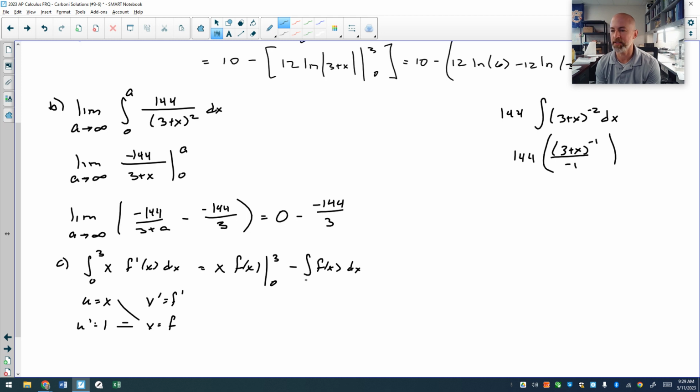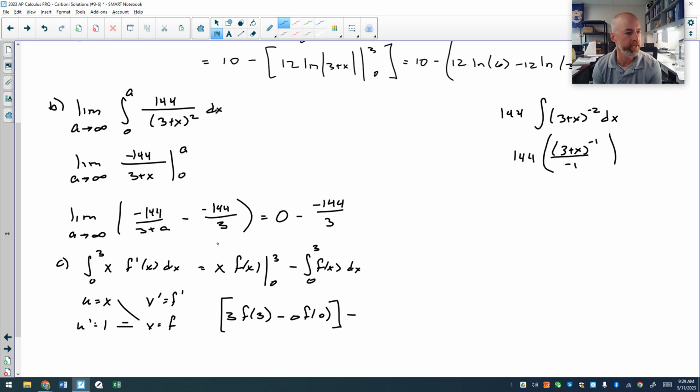Oh, this is an interesting problem. I think I see where this one's going to go, because we end up with 3 f of 3 minus 0 f of 0. Actually, I'm not sure where this is going. I'm just going to feel my way through this until we end up. The integral from 0 to 3 was given to you.